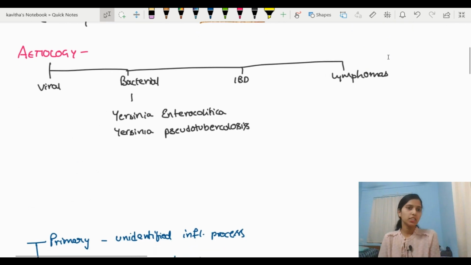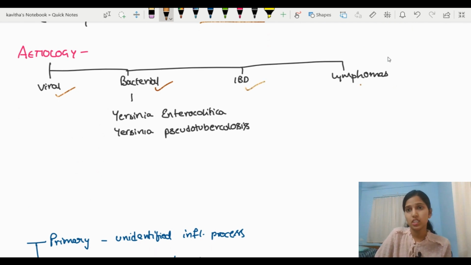Coming to etiology of mesenteric adenitis, it can be viral, bacterial, after an inflammatory bowel disease, and also seen in certain lymphomas. There are two important gram-negative bacteria that are known to cause mesenteric adenitis: Yersinia enterocolitica and Yersinia pseudotuberculosis.